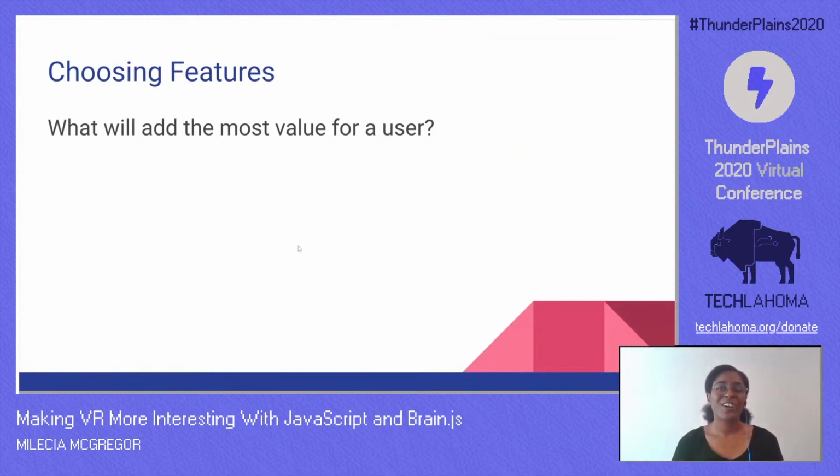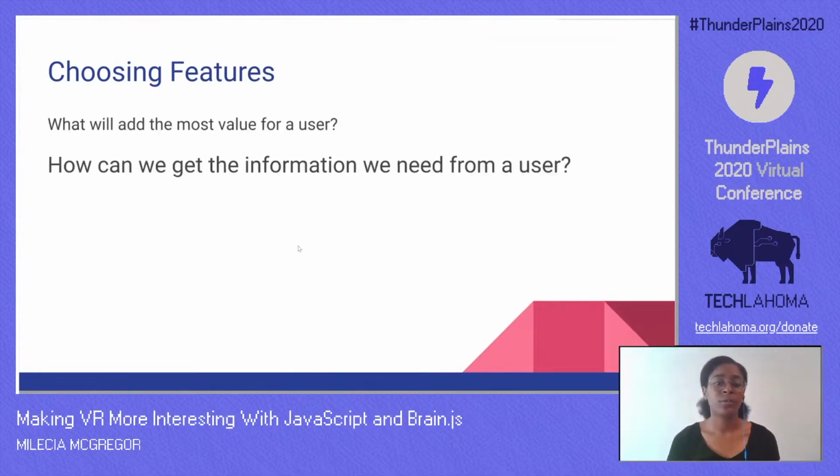We usually get caught up in how cool certain tech things are, or this new shiny tool, or whatever obscure tech thing we've heard of. We get caught up in that and forget about the user. So when you're choosing features, you probably already want to know what you're trying to predict. That's going to help you figure out what's adding the most value for a user.